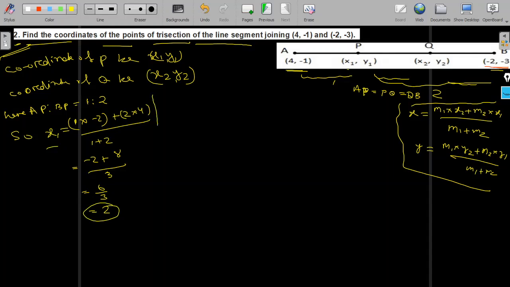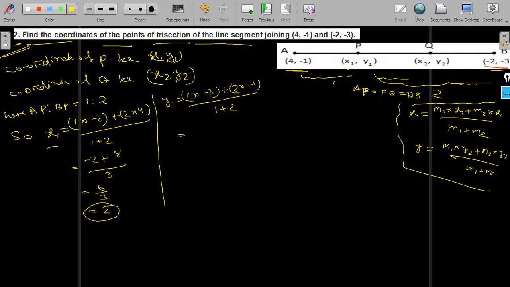Now we'll move to y1. In this formula we will use 1 into y2, which is minus 3, plus 2 into y1, which is minus 1, divided by 1 plus 2, that is m1 plus m2.